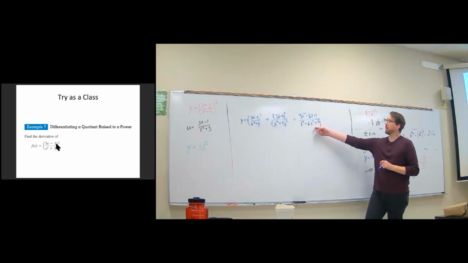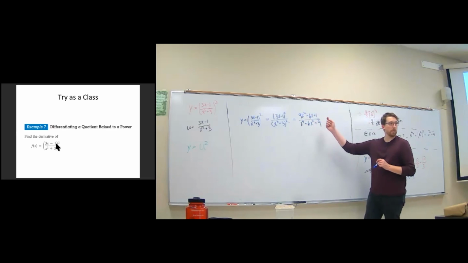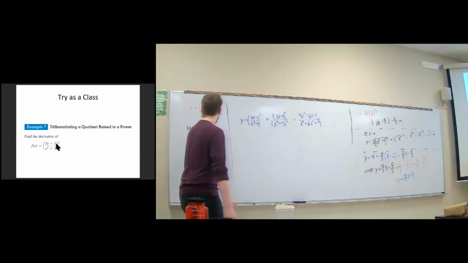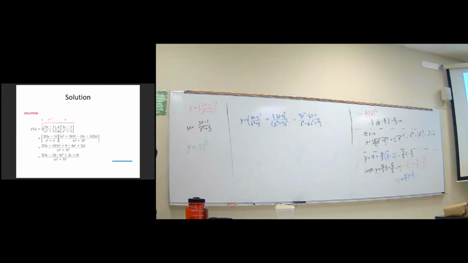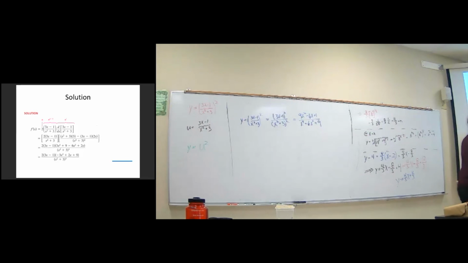Here, the derivatives are going to be a little bit longer, aren't they? Here, not so much. So it's a matter of looking into the problem and seeing what you want to do with it. Notice what they're doing is applying the chain rule and the quotient rule.